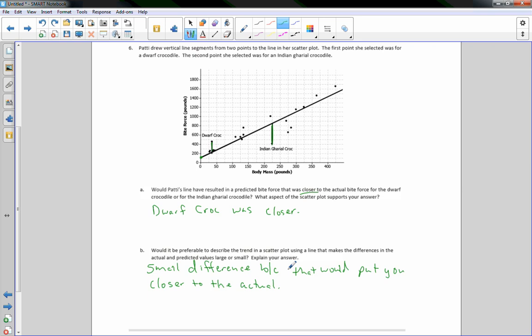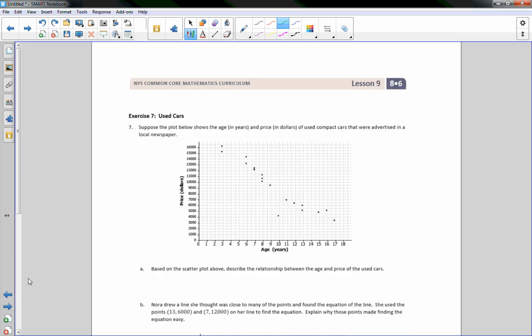Smaller difference is better because that would put you closer to the actual bite force.